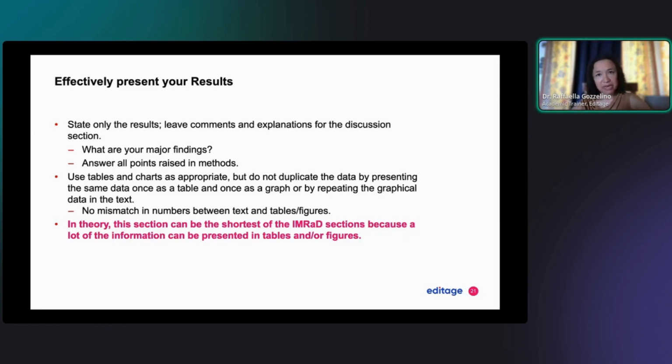I open a parenthesis over here. Sometimes it's useful to confirm the data with another methodological procedure. So you might show that even in a supplementary figure if for you it is really important. But duplication of the data does not add value to your text.